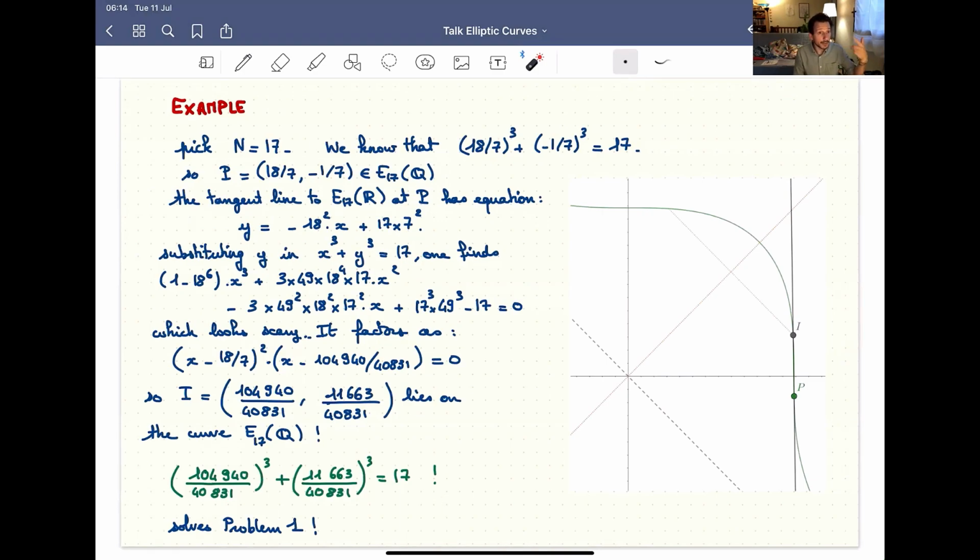Again, if you want to look with a computer for small solutions, you look for all rational numbers with small denominators and small numerators. You just cube them and sum the cubes and see if the sum of the cubes is equal to 17 or not. Well, you have to go pretty far to find this solution. You have to go to 140,000 actually, as a denominator and more.